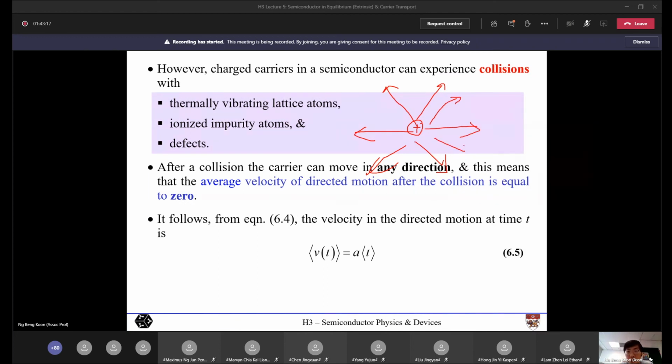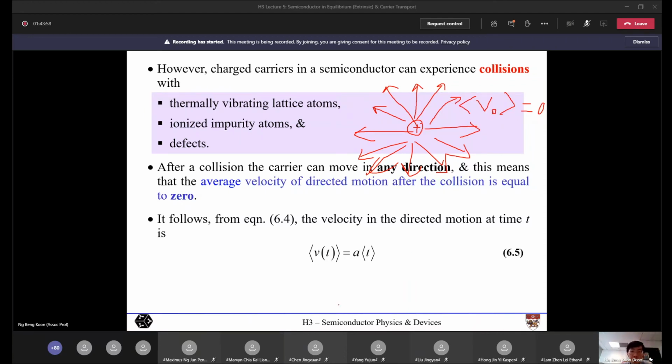Depending on how it's scattered, the starting velocity can be a variety of all these different possibilities. So if you take the average of all these different directions, you can say that the average starting velocity will be equal to 0, because it is equally likely to be scattered forward or backward. So on average, you would have a starting velocity of 0.